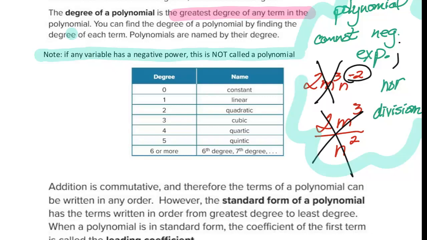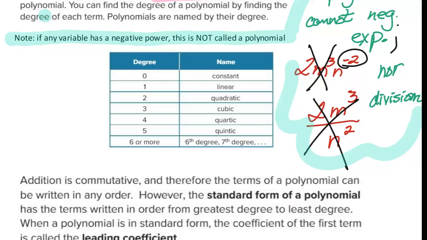Cubic. That is something to the 3rd power. And when you get to degree 4, that is a quartic. Anybody into cooking? Do you know how many quarts are in a gallon? 4. So maybe you can remember, if you have a degree of 4, there are 4 quarts in a gallon.